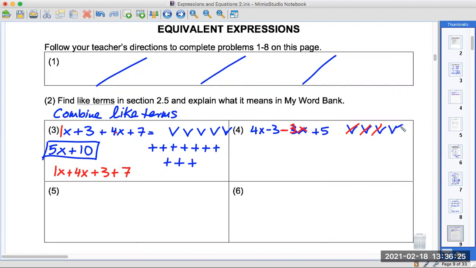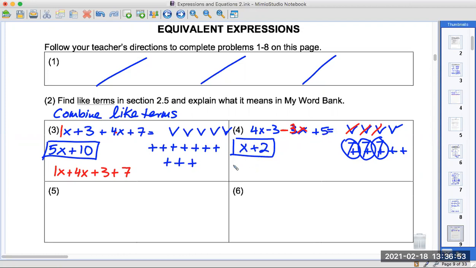That leaves you with 1 symbol. And then we have minus 3, 1, 2, 3, and positive 5, 1, 2, 3, 4, 5. These all cancel out, gone, gone, gone, plus 2. This is our combined answer. So this expression is the same as this one.